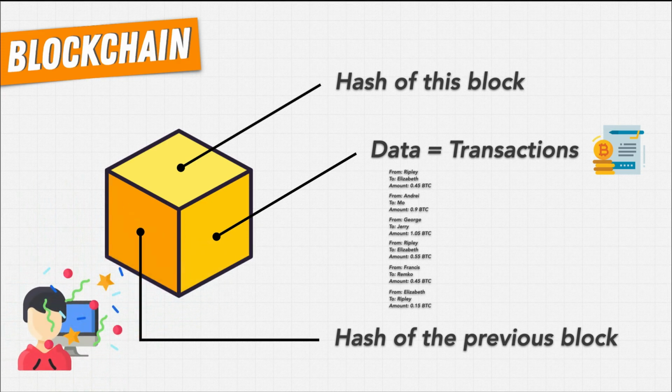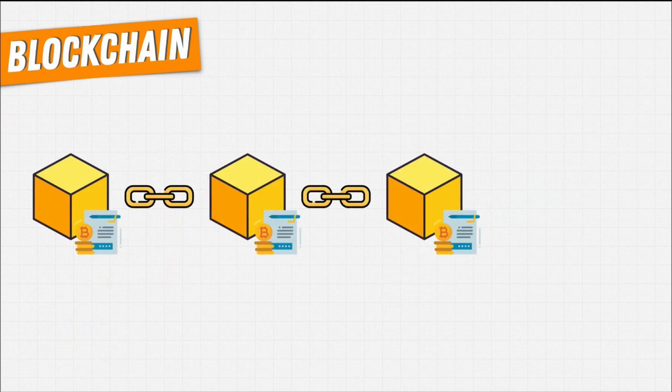This process of rewarding people for validating transactions is called mining. Mining because it introduces new resources into the blockchain, just like mining for gold introduces new gold into our economy. So how are these transactions added to an immutable blockchain?